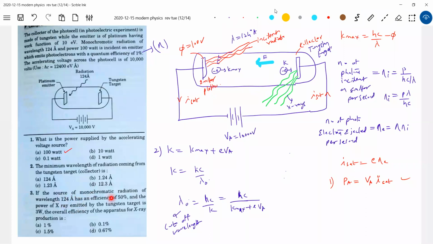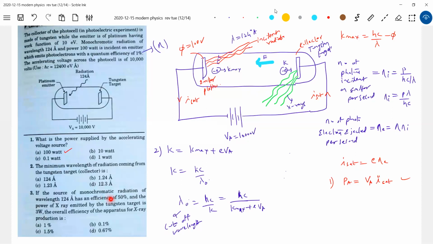If the source of monochromatic radiation of wavelength has an efficiency of 50%, what do you mean by 50%? Of all the incident light energy, 50% will be converted.